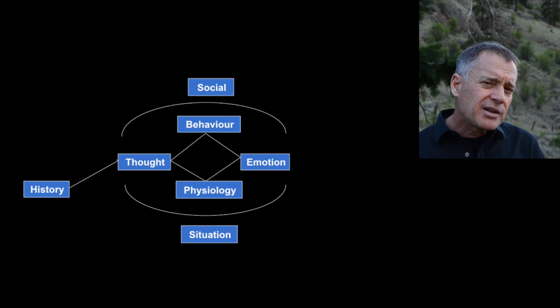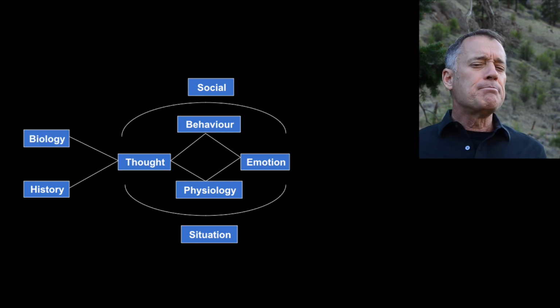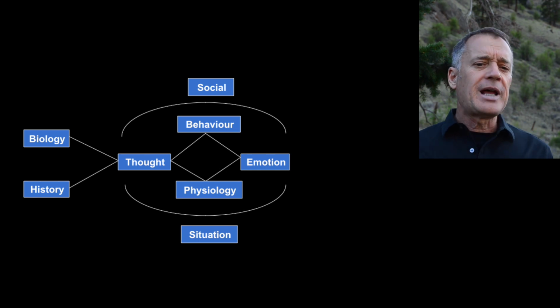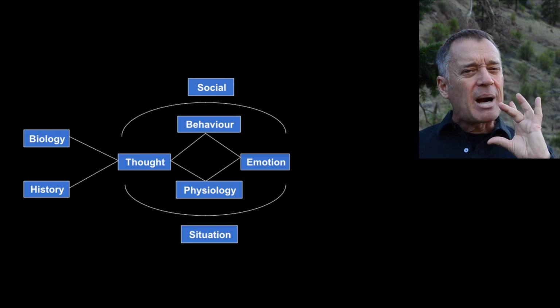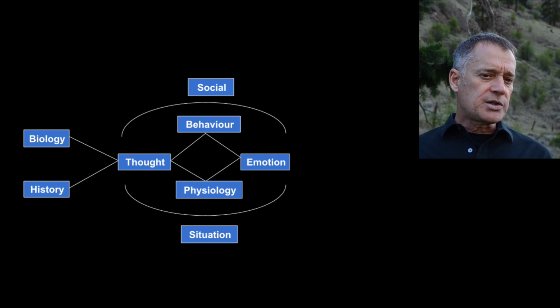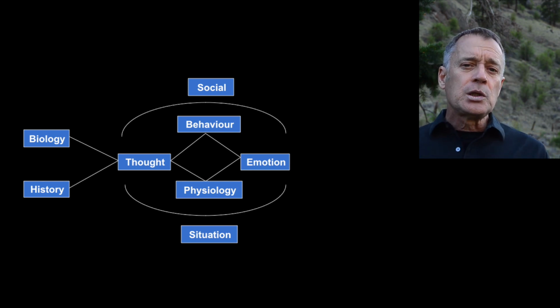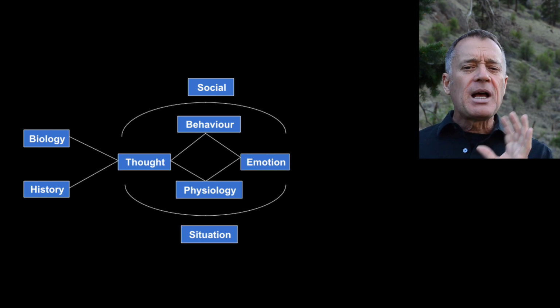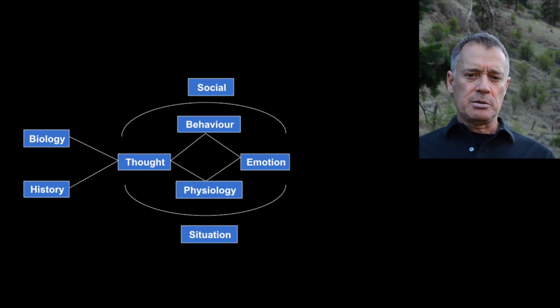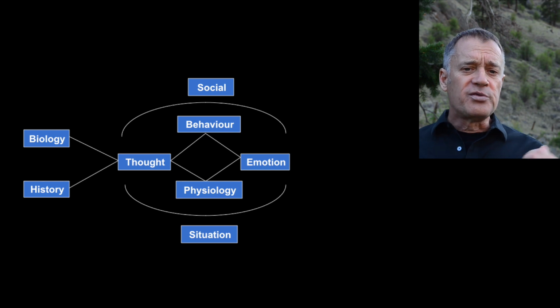And while we're back there, let's think about their biological history as well. And here I'm mainly thinking of their genetic makeup. There's some pretty good evidence that the amount of vulnerability to depression is partly influenced by genetic factors. It seems like nobody or very few people actually inherit depression. But we all seem to inherit some level of vulnerability to depression. Some of us pretty high vulnerability, others low vulnerability.